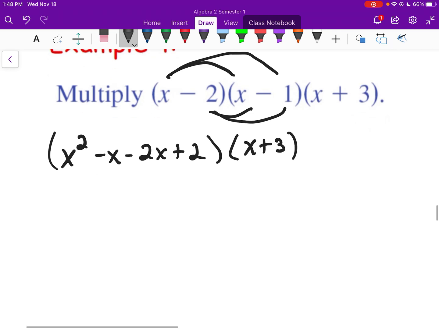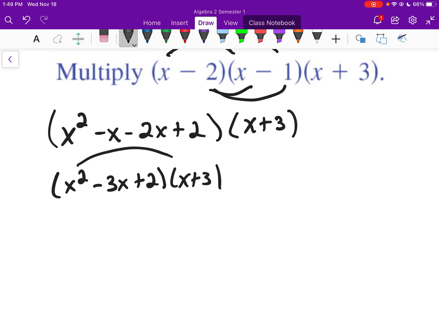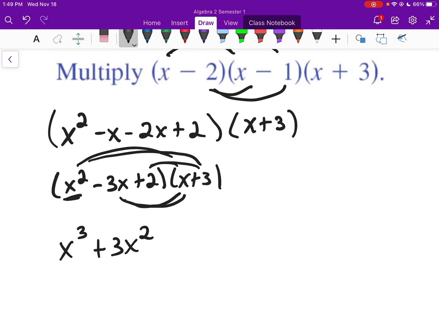I'm going to simplify that first parentheses to give me x squared minus the 3x plus 2 times that x plus 3. Then it's one just like before. We need to take the x squared to both terms. We need to take the 3x to both terms, and then the 2. So x squared times x, I will get x cubed plus 3x squared. Done with that term.